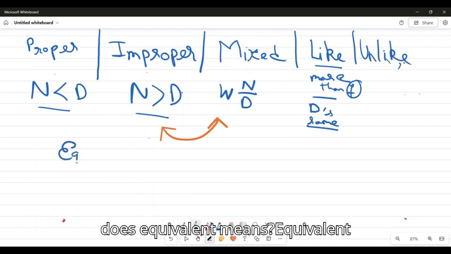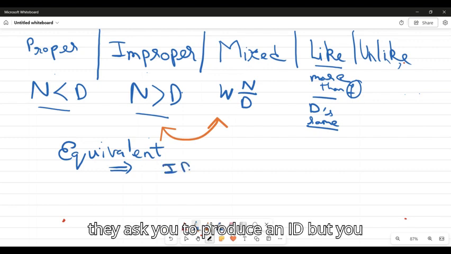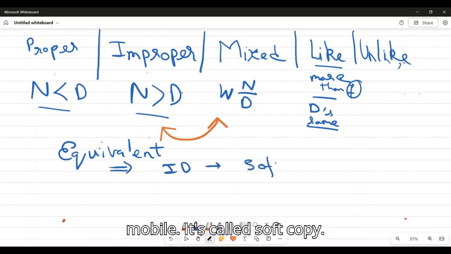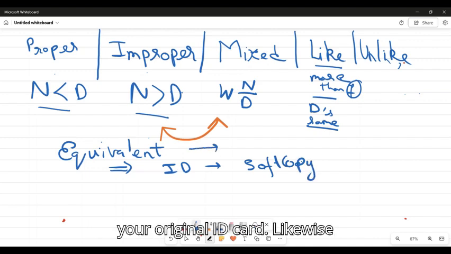Now, what does equivalent mean? Equivalent means similar. Like if you go to a shop and they ask you to produce an ID, but you don't have the ID, you show it on your mobile. It's called a soft copy. A soft copy is basically an equivalent of your original ID card. Likewise over here.